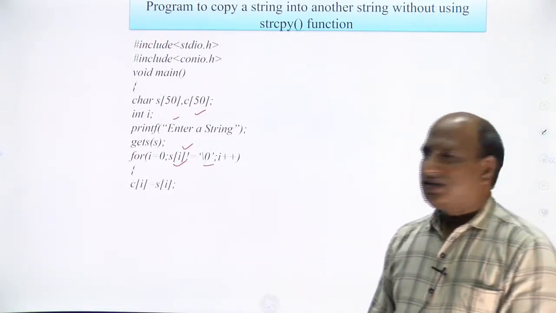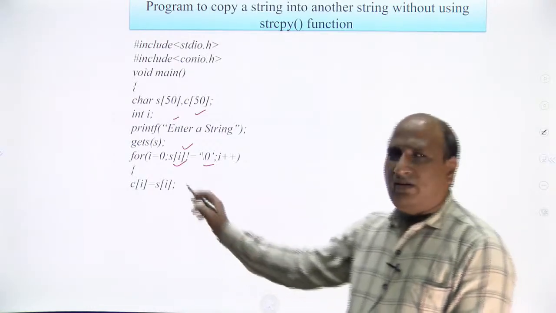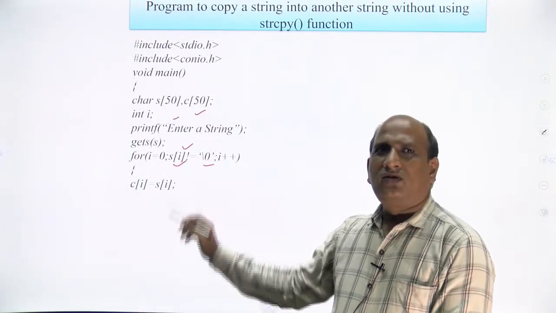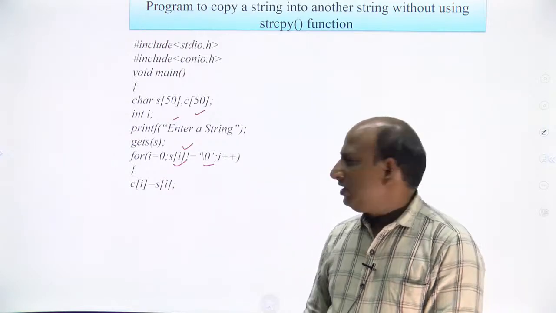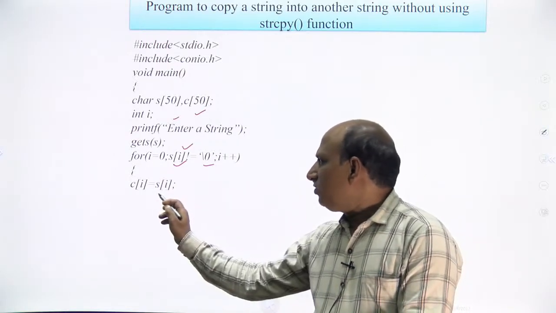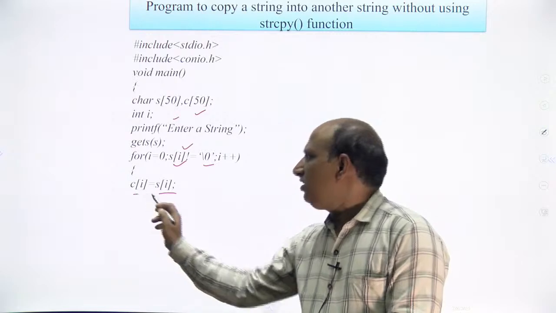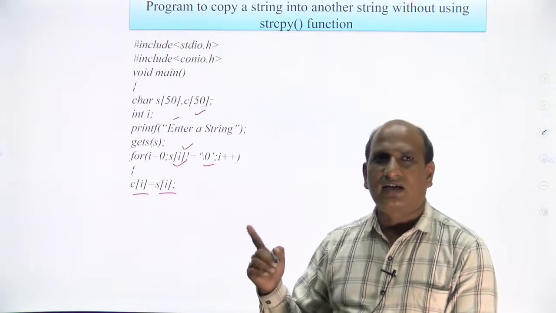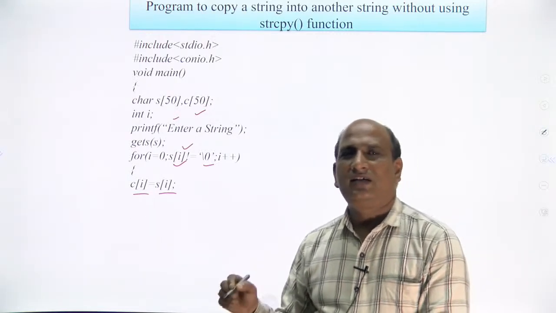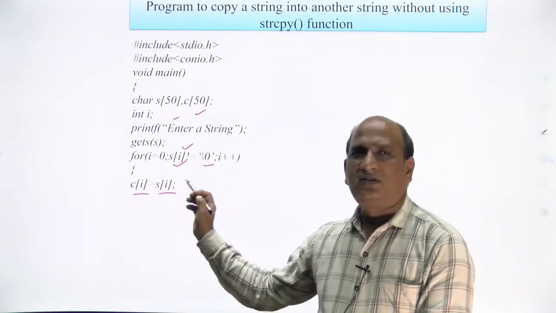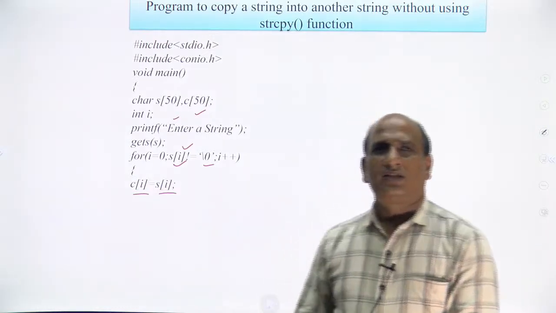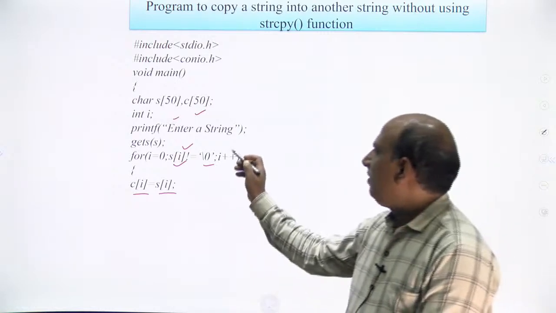Firstly i will be 0, and s[0] is not equal to the null character, so s[0] will be copied to c[0], meaning the first character at index 0 of s will be copied to c[0], and now i will be incremented.